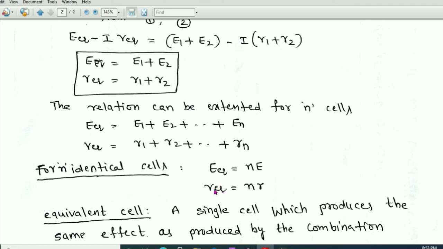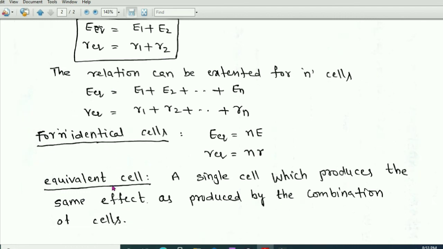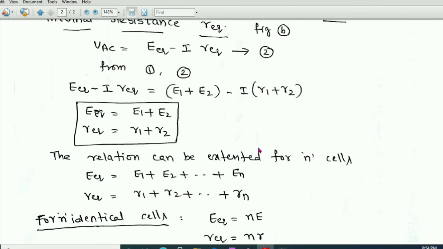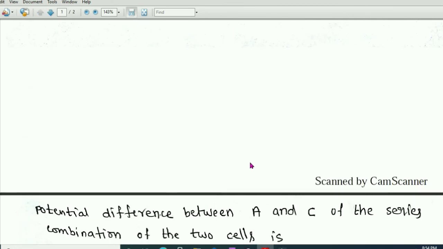Similarly, the equivalent internal resistance for identical cells is N into r. Here N is the number of cells and small r is the internal resistance of each cell. As we have discussed, an equivalent cell is a single cell which produces the same effect as produced by the combination of cells. So this is the end of the series combination of cells.